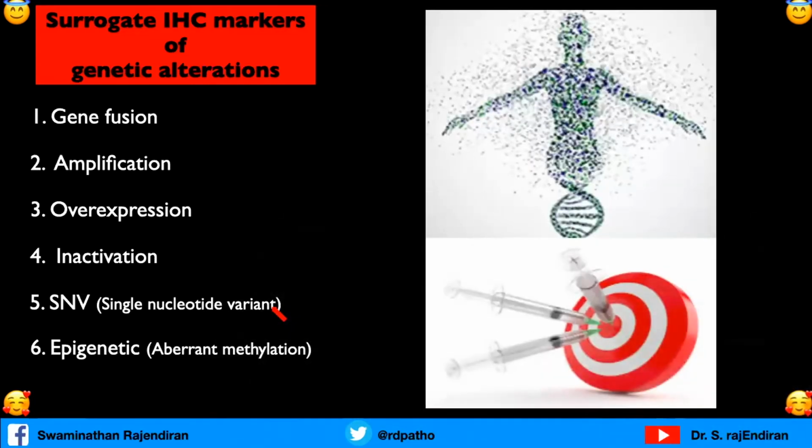Why are they important? They are very, very important for personalized treatment, where we target the molecular events. That's why we pathologists should take the driver's seat in helping and guiding the clinicians and medical oncologists to say what molecular event is there and how they can address that molecular event with personalized targeted therapies.